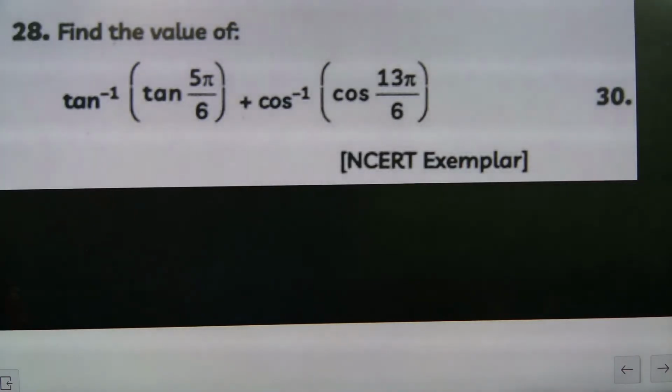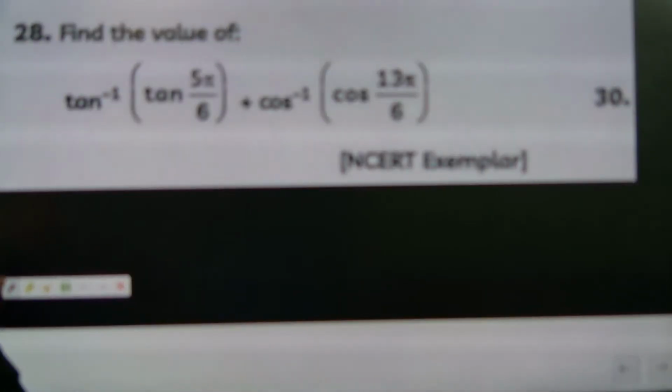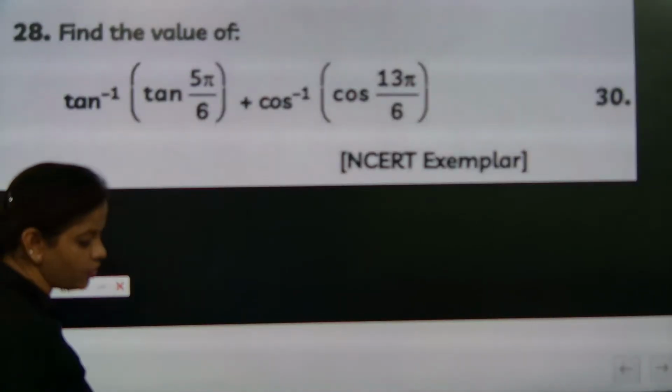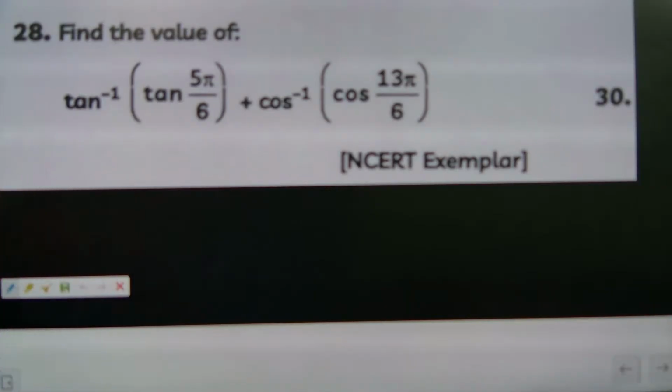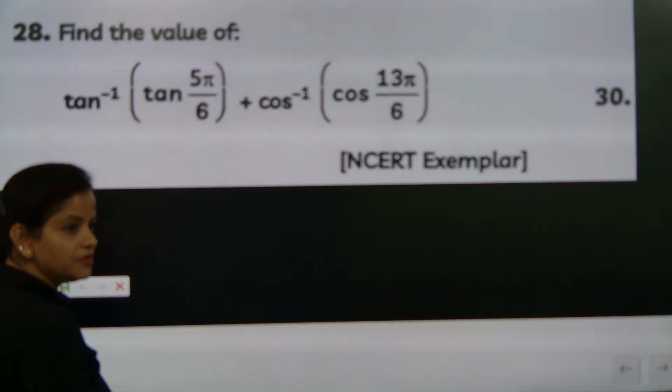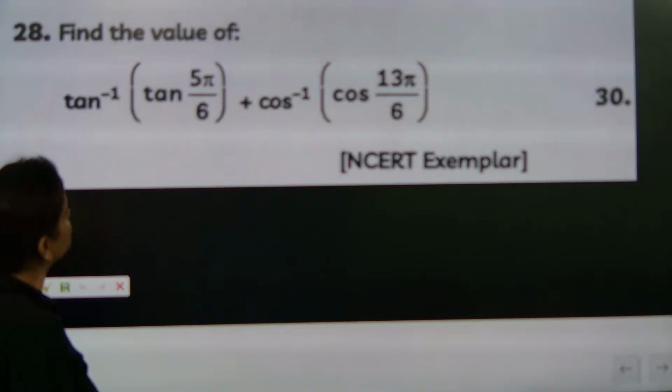Everyone, please pay attention. When they give you this type of question, question number 28, I hope everybody will be able to solve it. What is the answer coming? Solve this one. Try this question, at least question number 28.